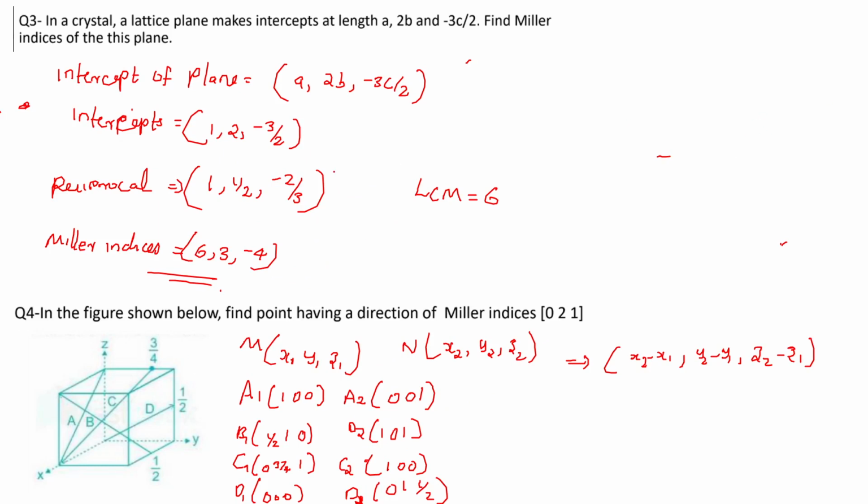So if you find this, what will be the difference first of all? It will be minus 1, 0, 1. Right. So your Miller indices will be the reciprocal of it, so it will be minus 1, 0, 1. So this will be the answer.